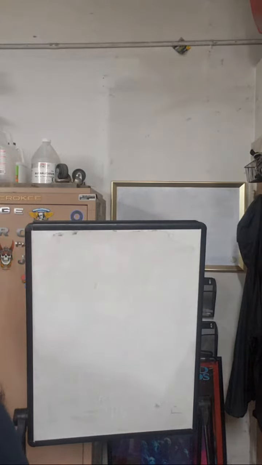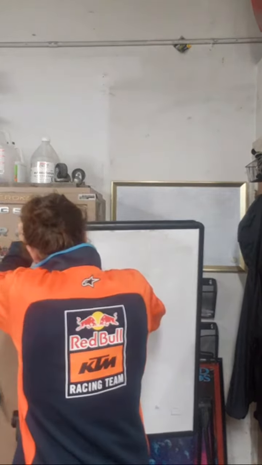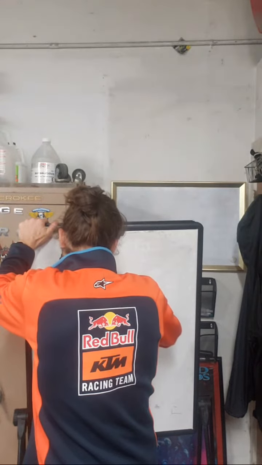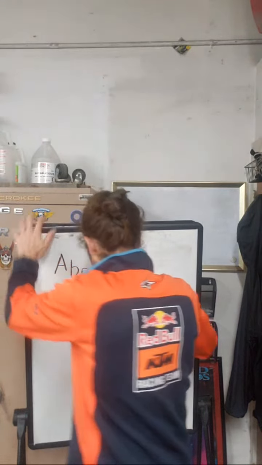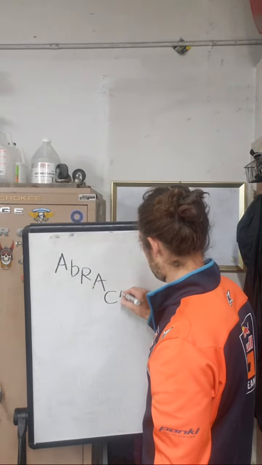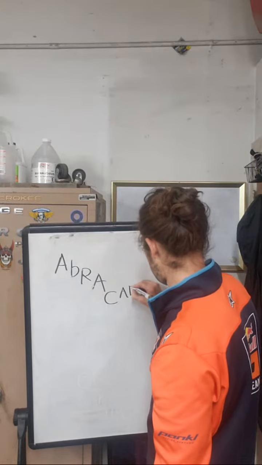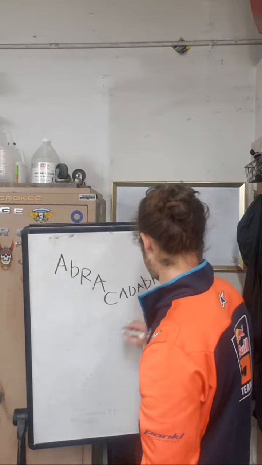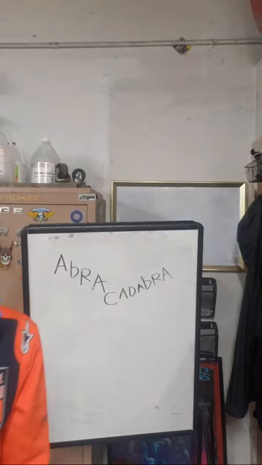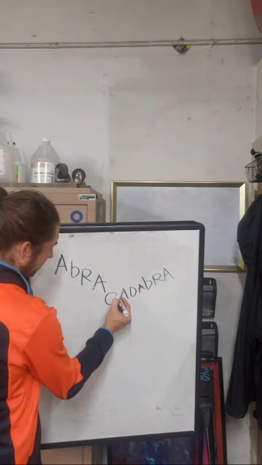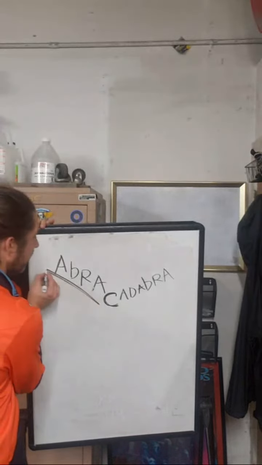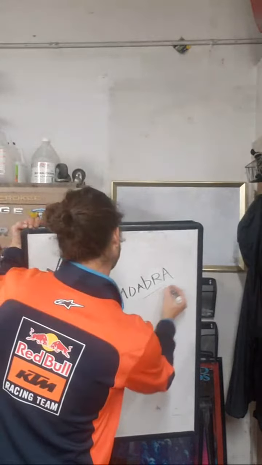So when you look at abracadabra like a seesaw, when you go from the letter C, like the sound C, just like a seesaw, abra, we got abra here, right?